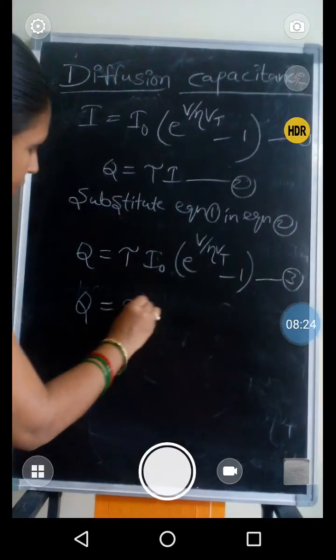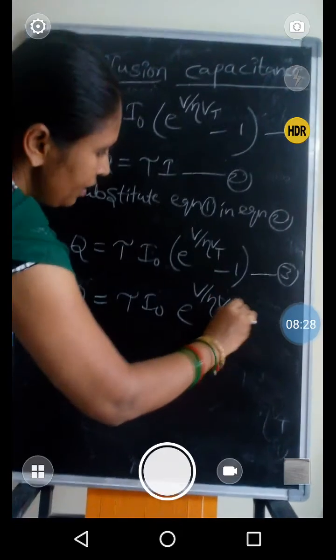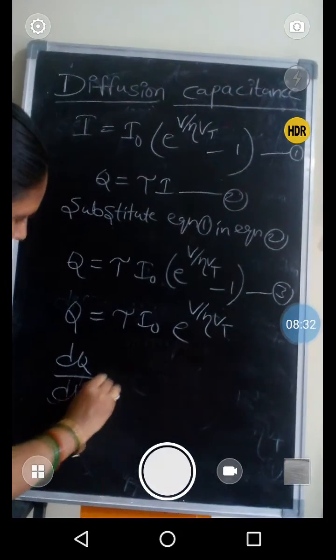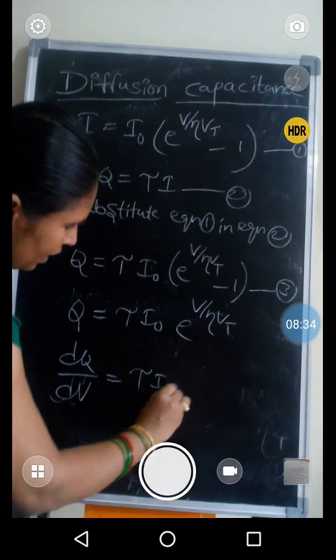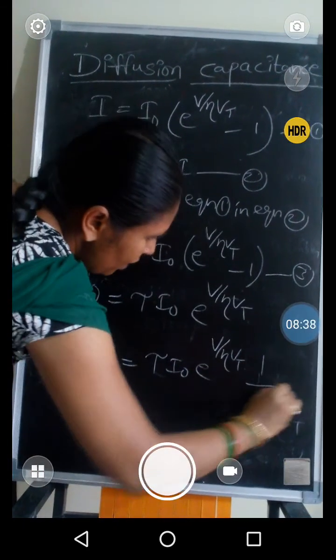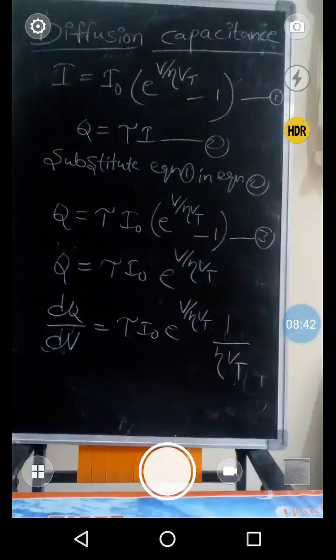Q equals tau into I naught into e power V by eta Vt. Now we differentiate with respect to voltage: tau into I naught into e power V by eta Vt into 1 by eta Vt.